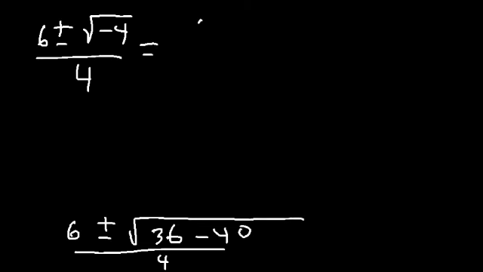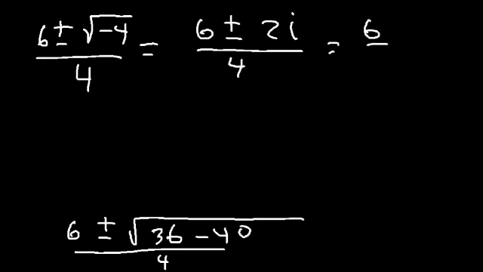And the square root of negative 4, the square root of 4 is 2, so the square root of negative 4 is 2i. So let's separate it into two fractions. So this is going to be 6 over 4 plus or minus 2 over 4 times i. 6 over 4 reduces to 3 over 2 if you divide the top and bottom by 2.